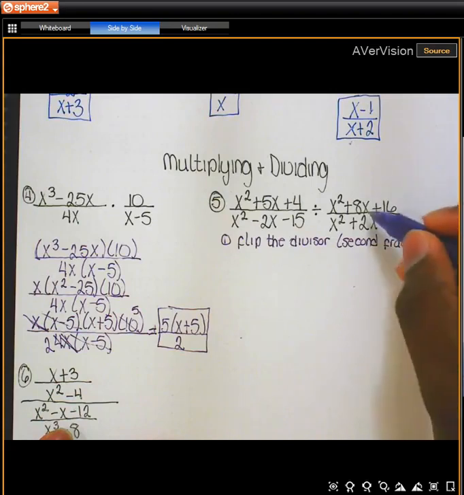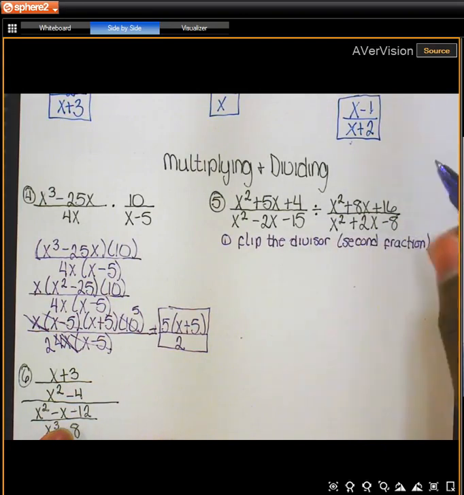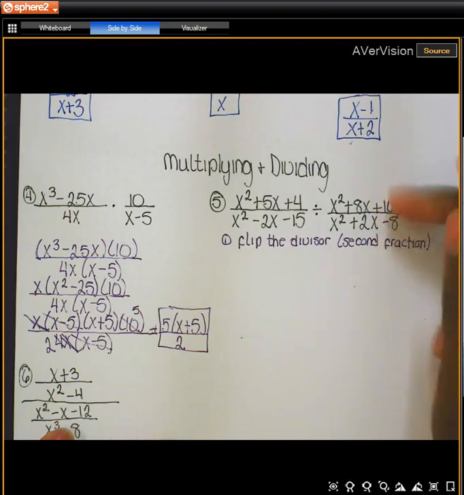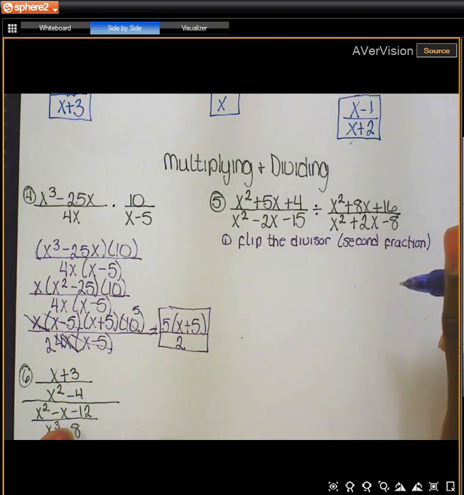And when we flip it, what happens to this sign? Yes. So once we flip the divisor, the second fraction, we're now multiplying. Keep, change, flip. Yep.